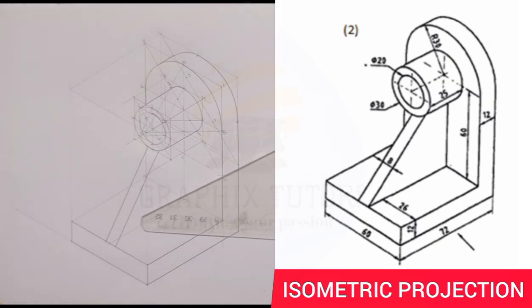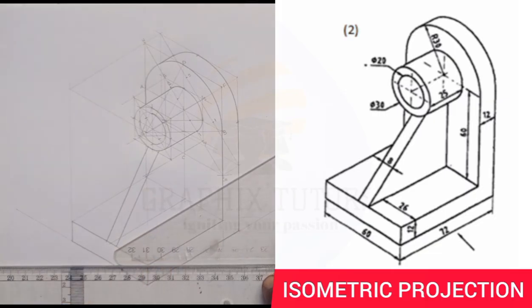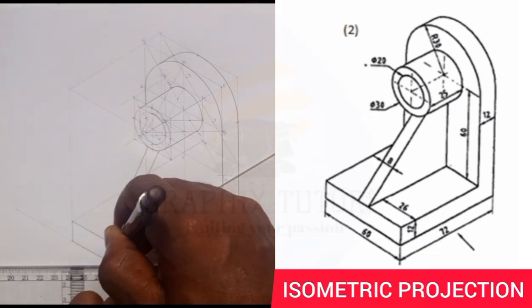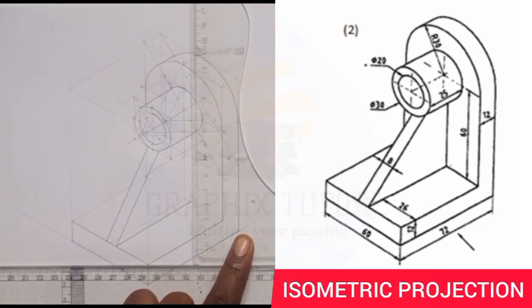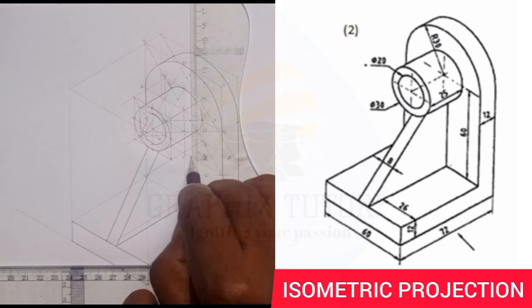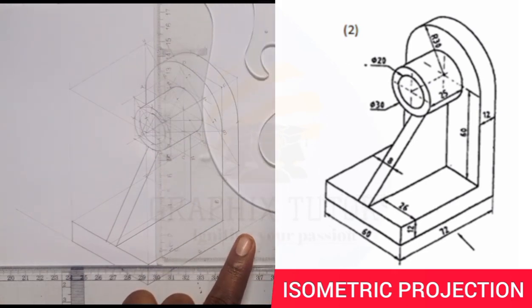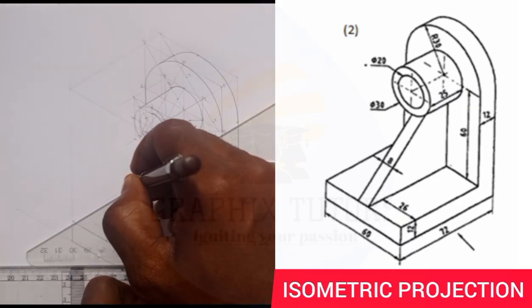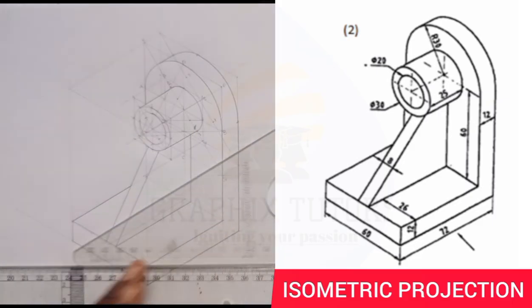And from this point here, I'll move it to come here. And from this point here, I'll move it to go up here. Right? And this point here now, I'll drag it to come here.